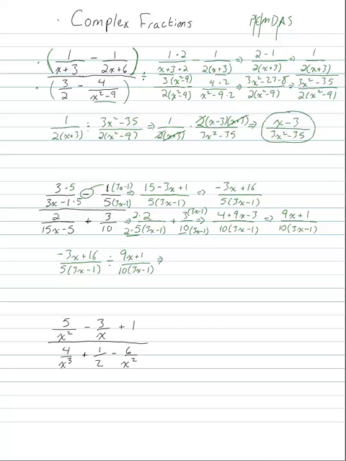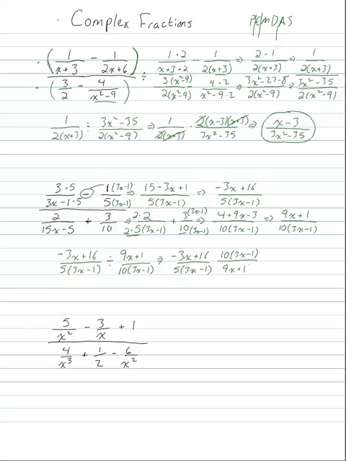Again, I know division means I flip the second one and multiply, so I'll keep the first one the same, making sure I can't factor it anymore. I can't. Minus 3x plus 16 over 5 times 3x minus 1. So I'll flip the second one, and I should get 10 times 3x minus 1 over 9x plus 1.